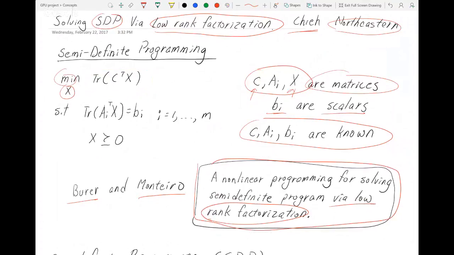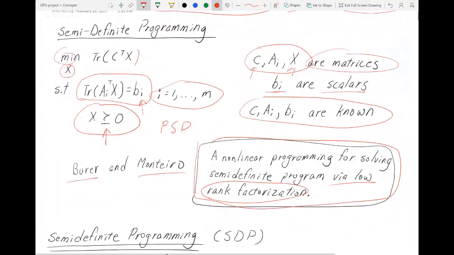Of course, we have other constraints, such as this set of constraints, and there are M of them. And X must be positive semi-definite. That's what that means.